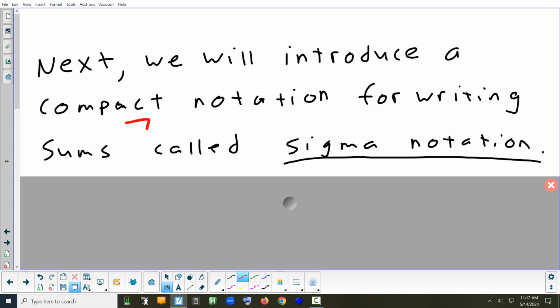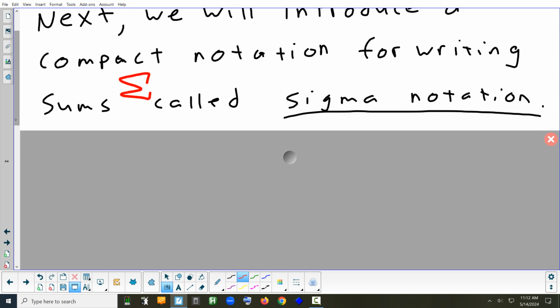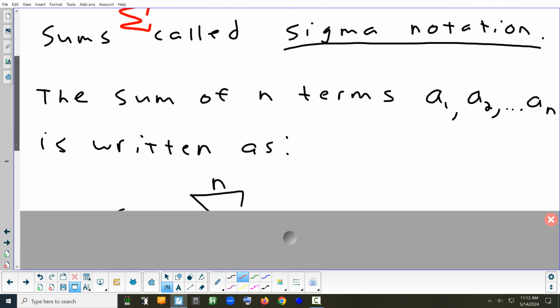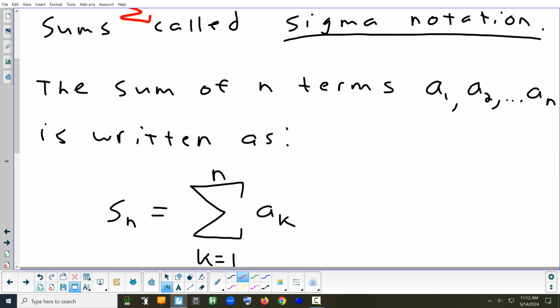If you're not too sure, it involves that letter. So that's the Greek letter sigma. It's a capital sigma. There's also a lowercase, but we're using the capital. The notation has three things on it.